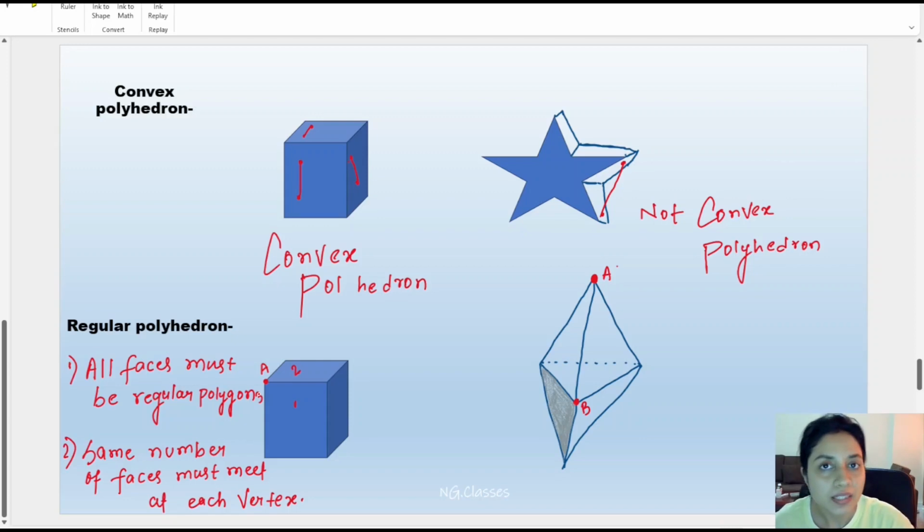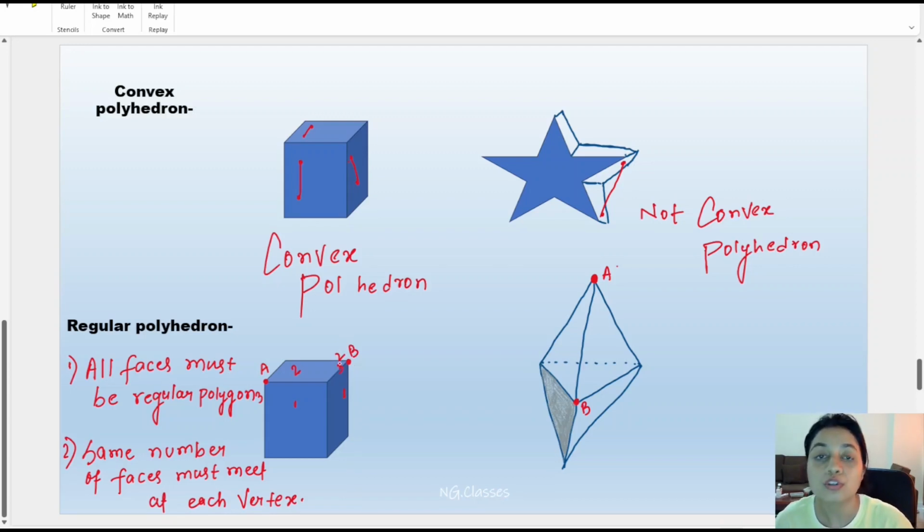Now let's take any other vertex. Let's say here we have vertex B. To make this vertex, we can see one face on the right, one face on the back, and one face on the top.